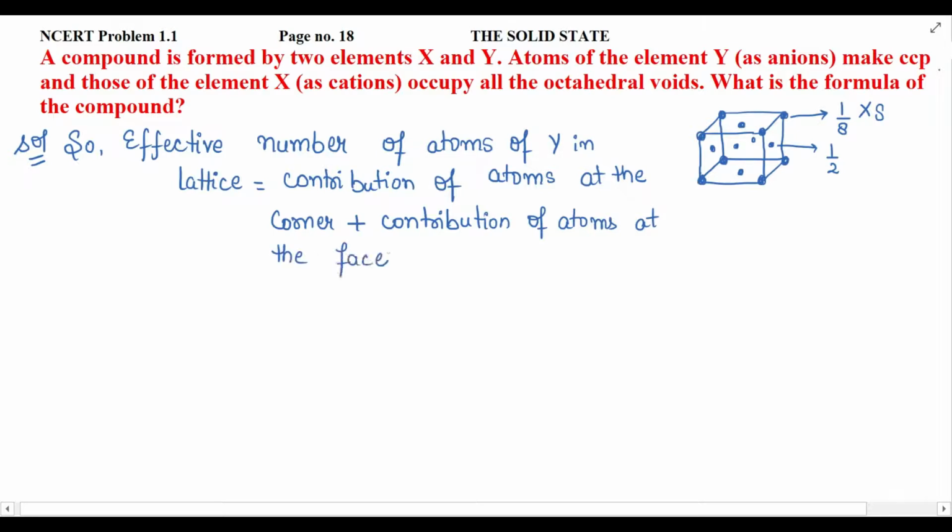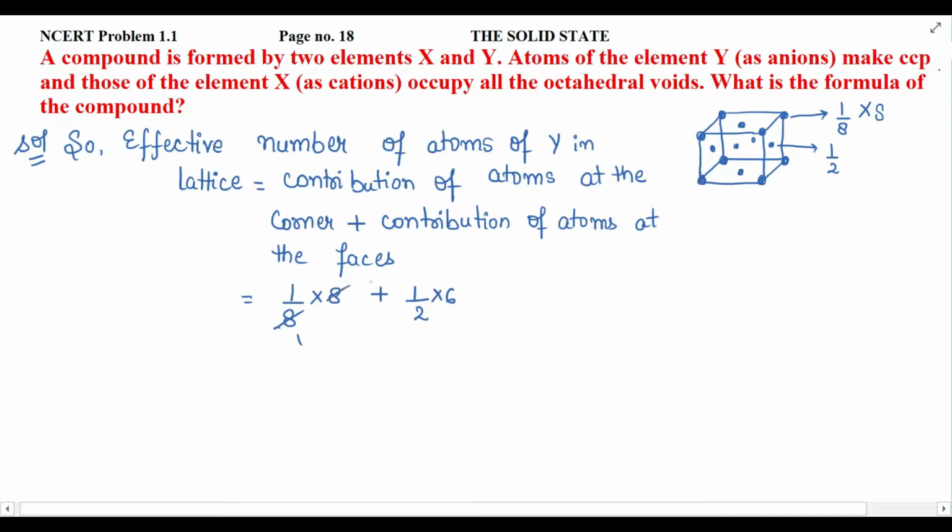atoms at the faces. Okay, so we know that contribution of one atom on the corner is 1 by 8, right? We are having 8 atoms on the corner, so into 8 plus one atom at the face is having 1 by 2 contribution. There are total 6 number of atoms, so into 6, right?